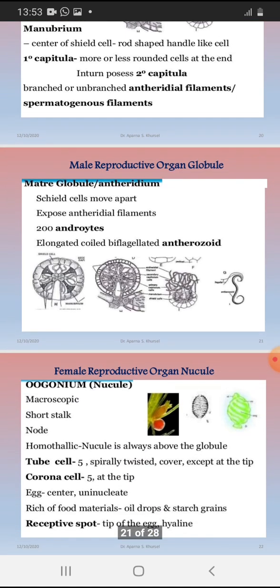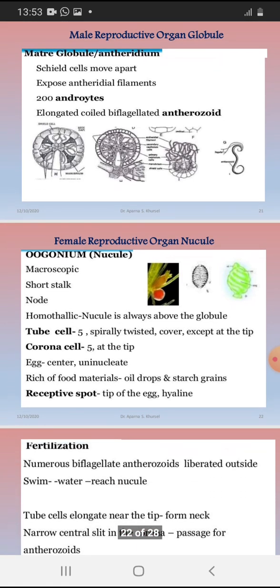Now let's see the female reproductive organ, that is nucleus. It is present at the node and on one side of the branch. It is long and elongated, bigger in size as compared to globule, and it is always attached with the branch by means of pedicel.